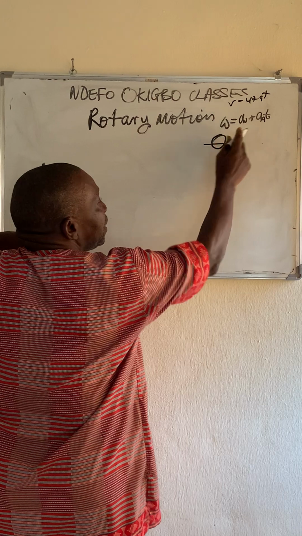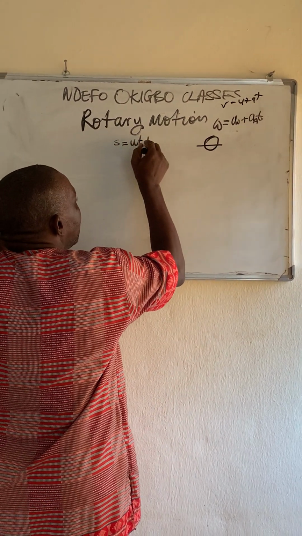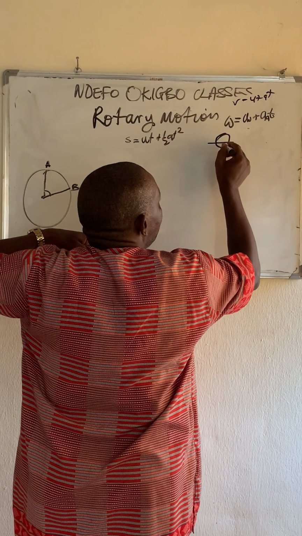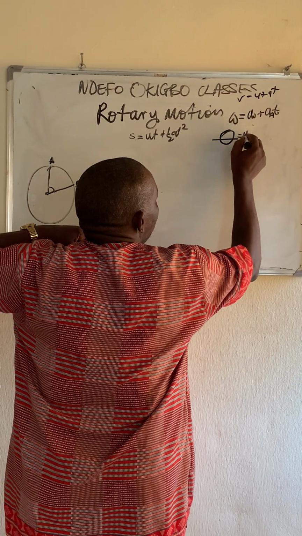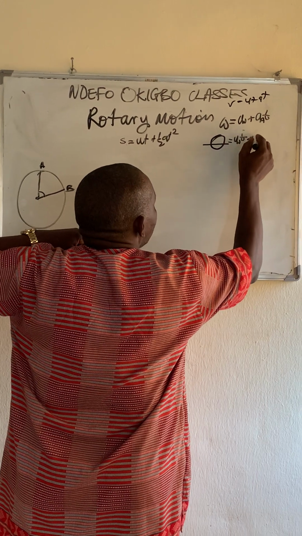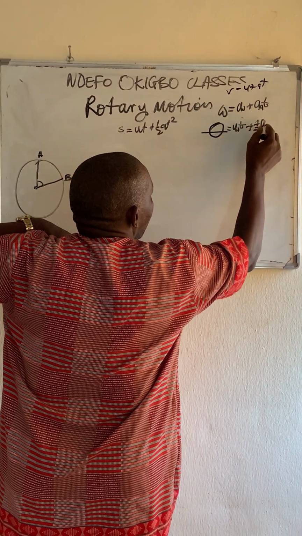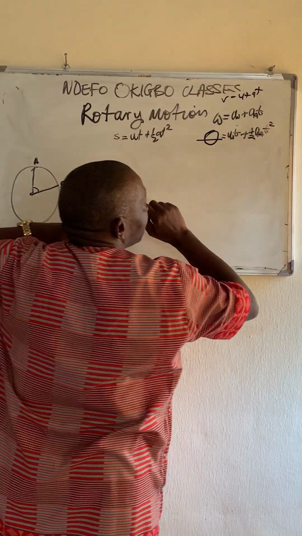That is it. Then instead of writing s is equal to ut plus half at squared, we have this to represent s here, is equal to u w, that's angular, times time, plus half angular acceleration times time squared.